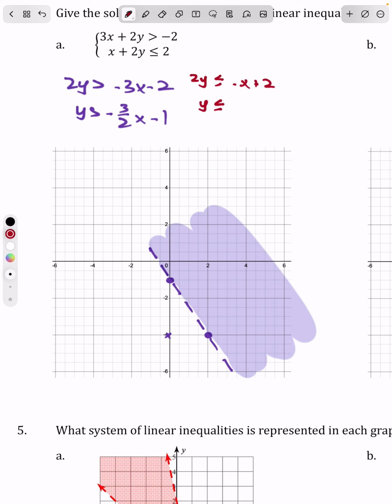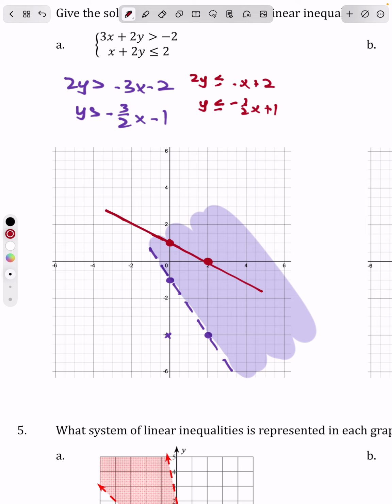So y is less than or equal to negative 1/2 x plus 1. So here's my plus 1. Down 1 brings me to the origin. Over 2 brings me here. It's a solid line. So let's do that. I'm going to need to extend some of these lines here to make them intersect.